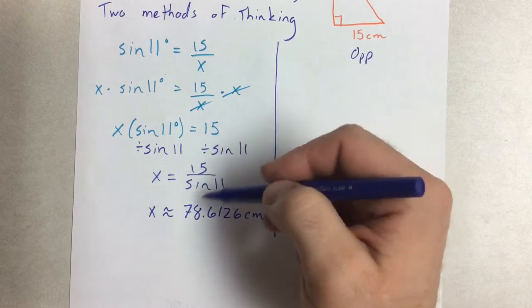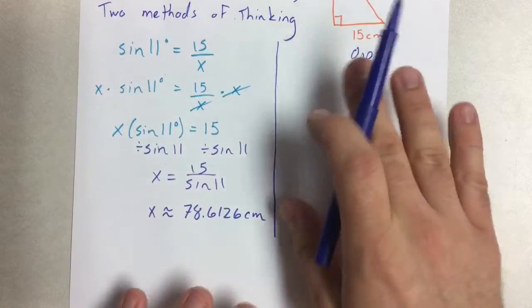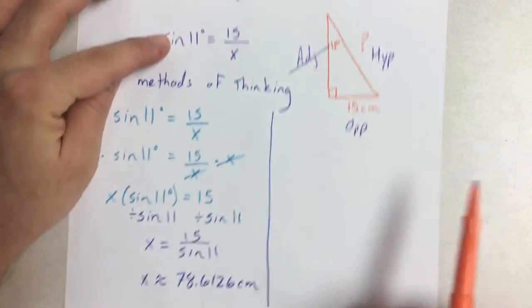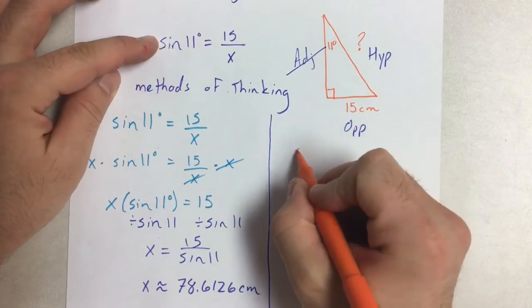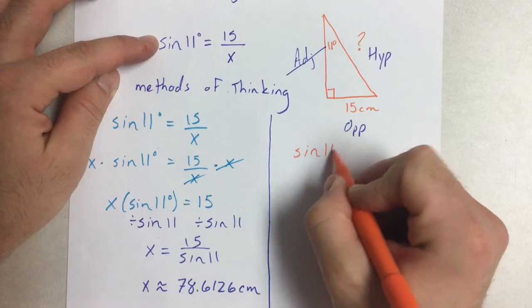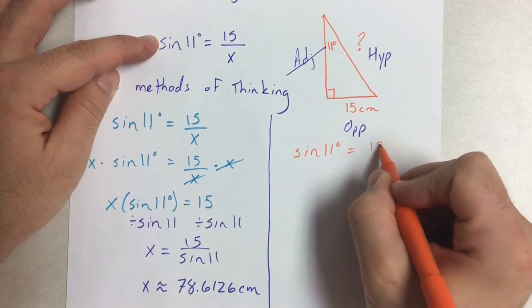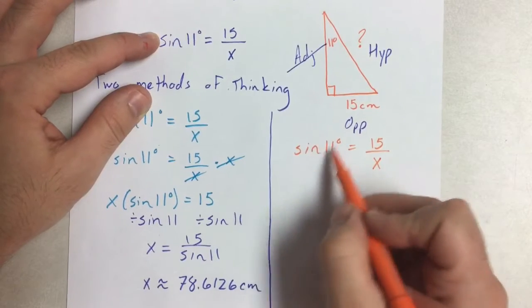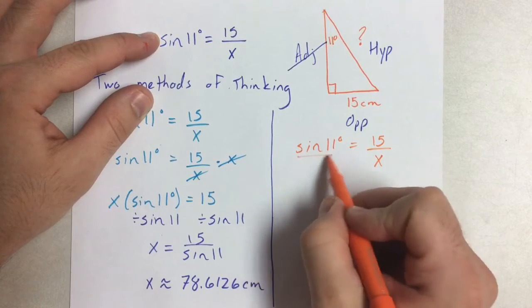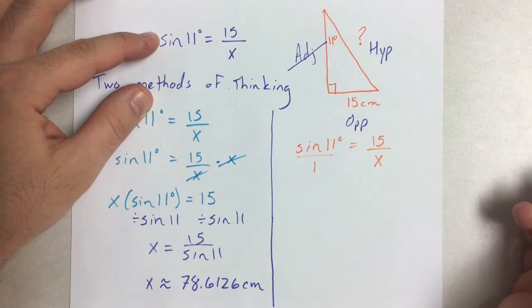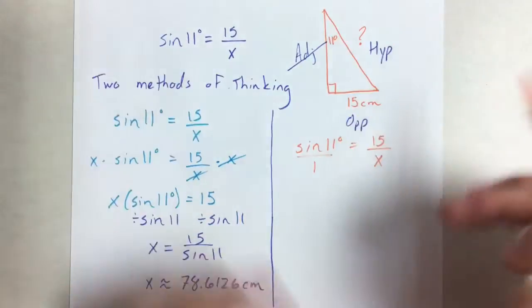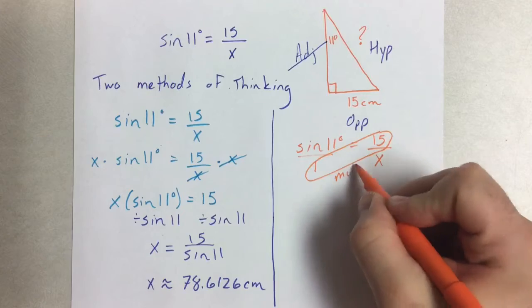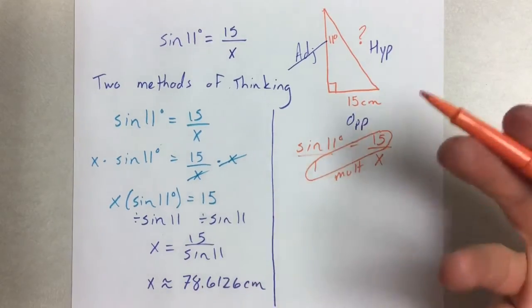Another way of solving this problem is actually viewing our original as a proportion. So sine of 11 degrees equals 15 over x. Any value I can always place over 1. So I've made this a proportion where we can cross multiply. 15 times 1, we know is 15.